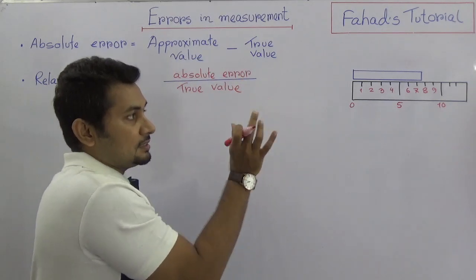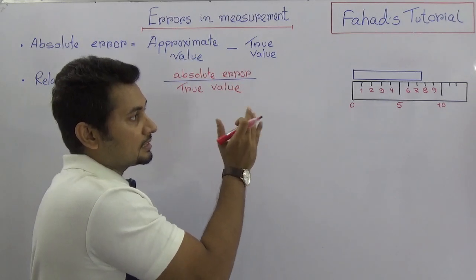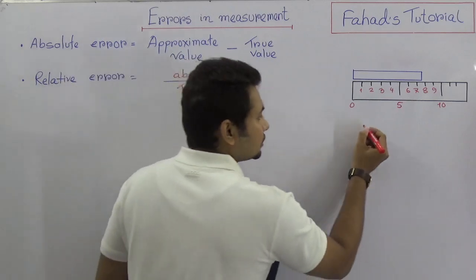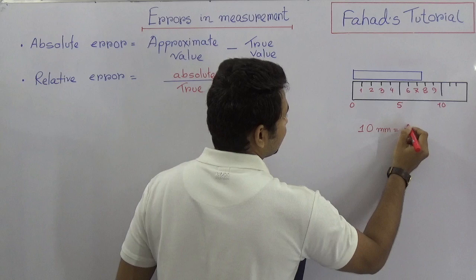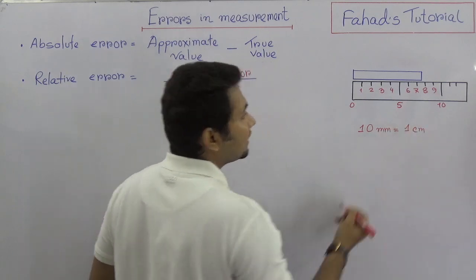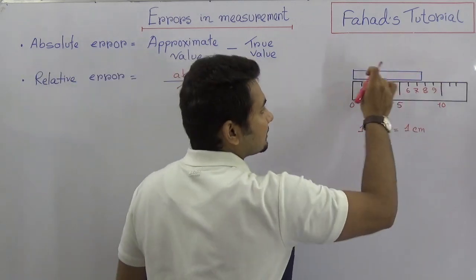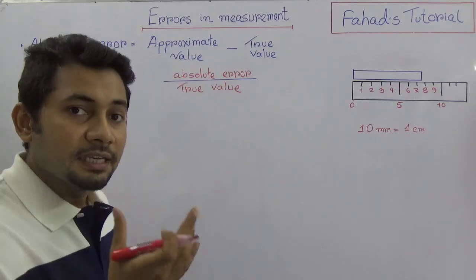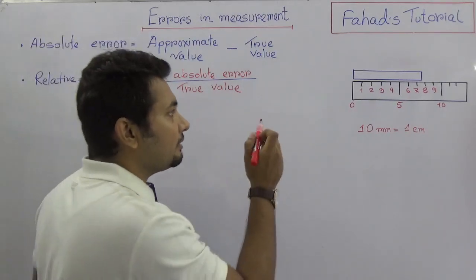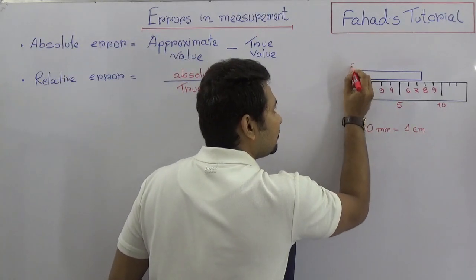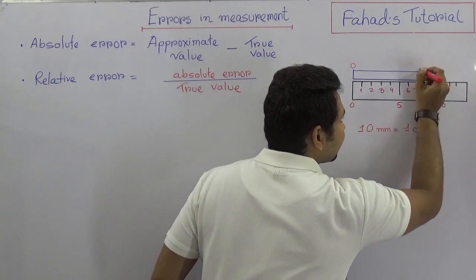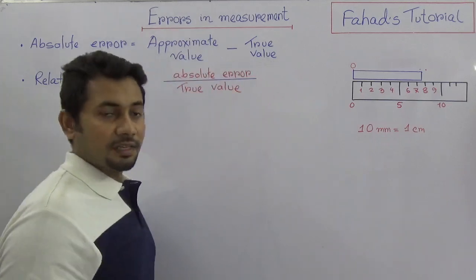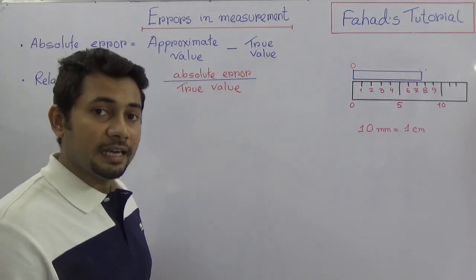Think about that the points are given in millimeter. So we know that 10 millimeter is actually 1 centimeter. Suppose the blue one is a substance and we are measuring it. Now you see that from the starting point of 0, it ends in between 7 and 8.